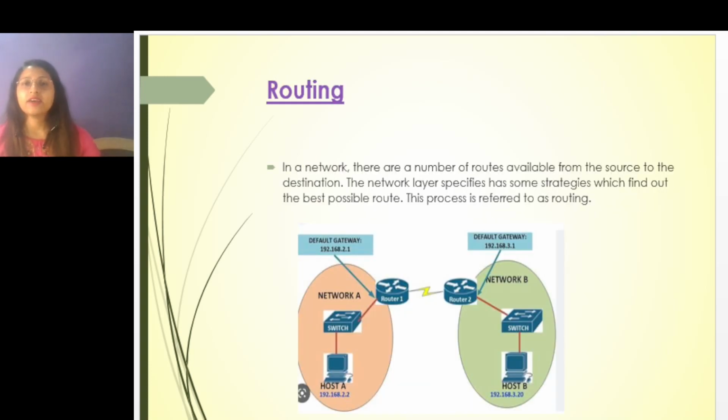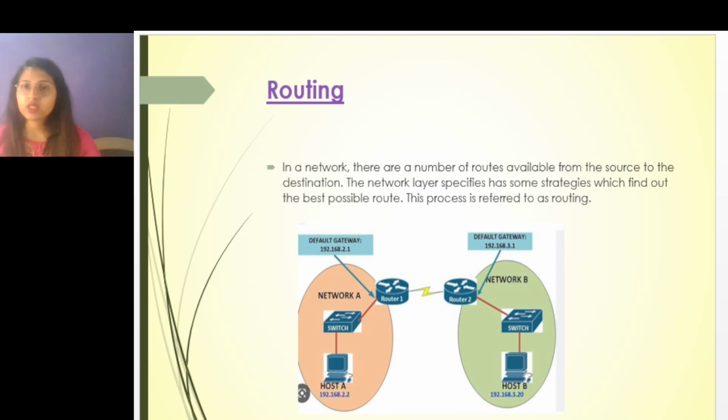Next is routing. In a network, this is just an example, there are various ways through which one router will be connected to another router. So in the network layer a number of routes are available from source to destination.